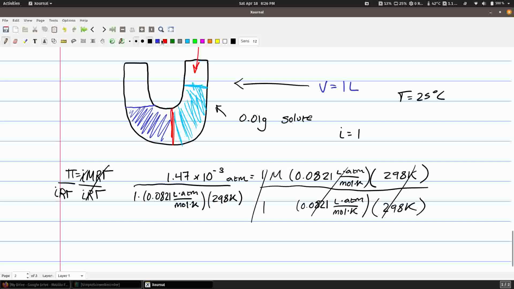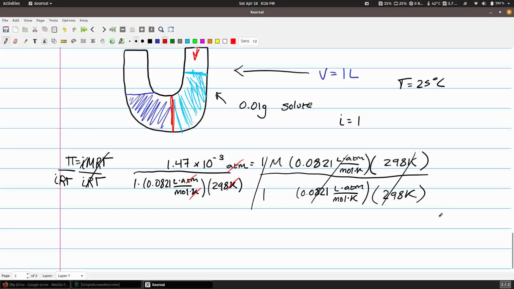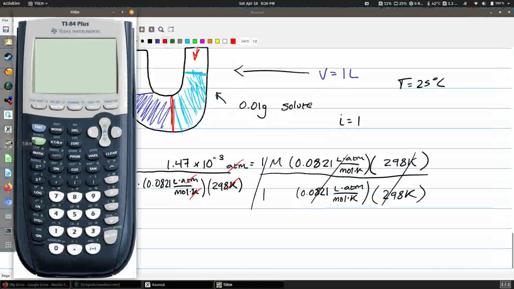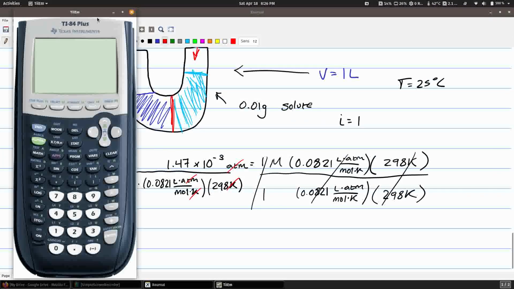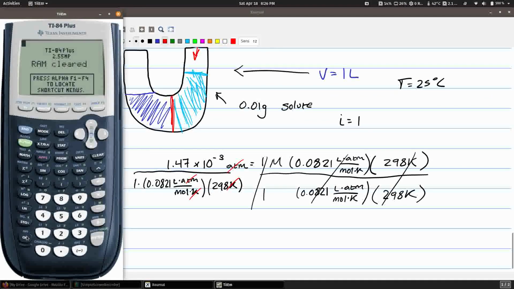So just from the bottom, we know we can cancel the kelvins out. As the atmospheres is on top, when we are doing the division, top and the bottom are going to flip. So this is going to end up on the bottom, it'll cancel, and then the moles is going to end up on top. So let's plug this in the calculator and figure out the answer for the molarity, which we can then use to find the molar mass.